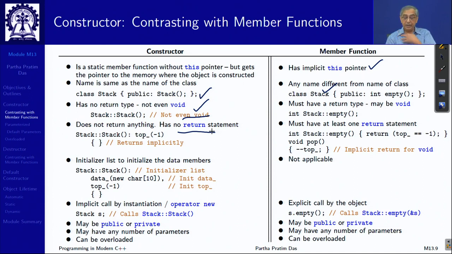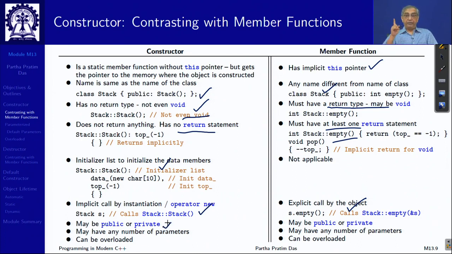The control returns implicitly, whereas in member functions a return may be there or not, implicit or explicit. The initializer list is specific to the constructor. Such lists are not available to other member functions. A constructor is implicit by instantiation, whereas member functions have to be explicitly called.